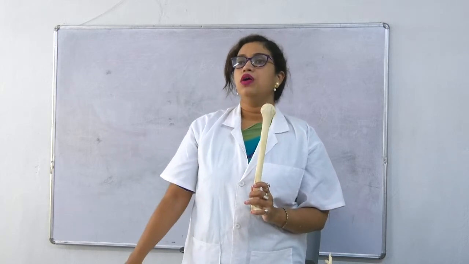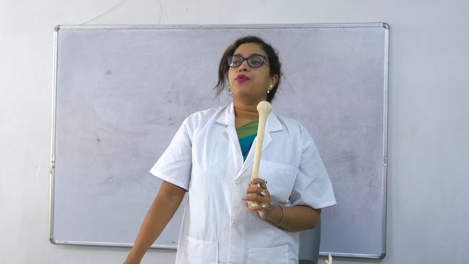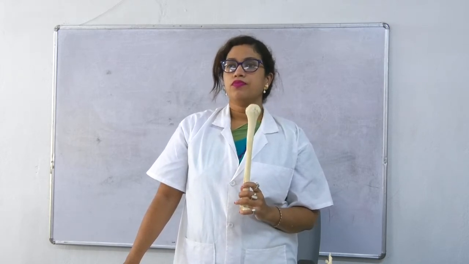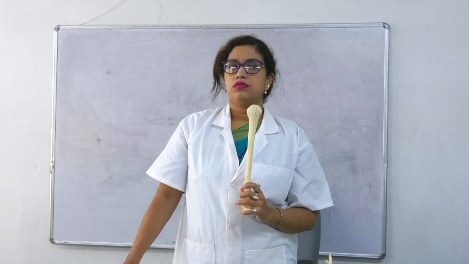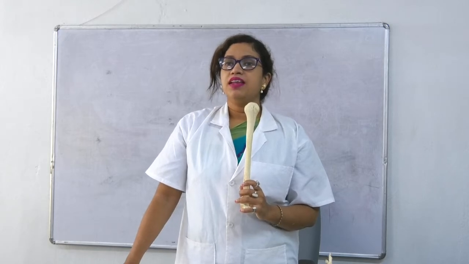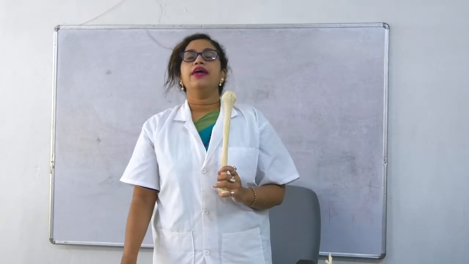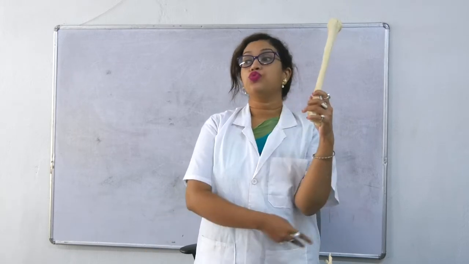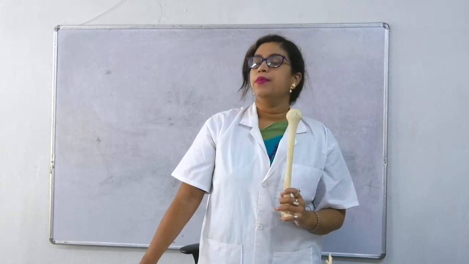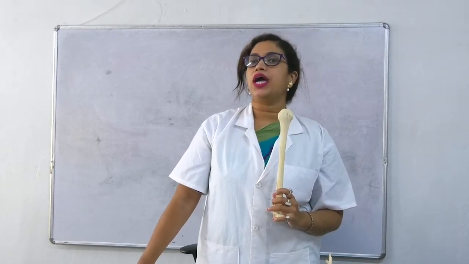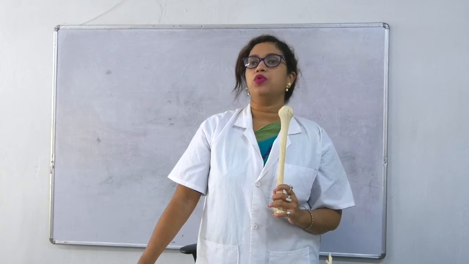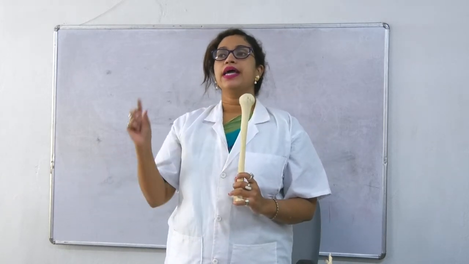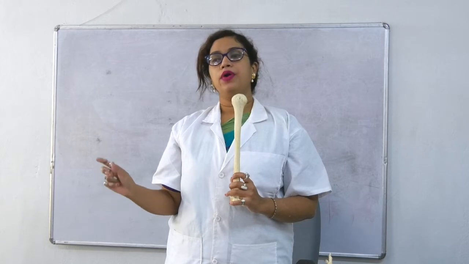Just write it down. The branches of the profunda brachial artery are middle and radial collateral branches to the elbow. These are 2 branches. One is middle collateral, another one is radial collateral branch of elbow.